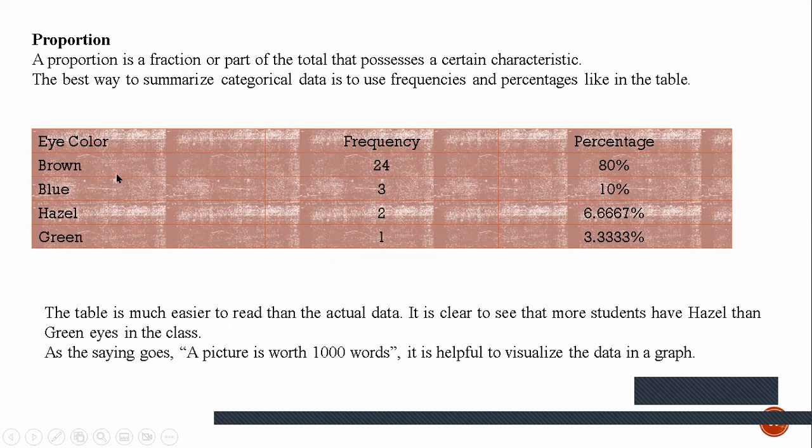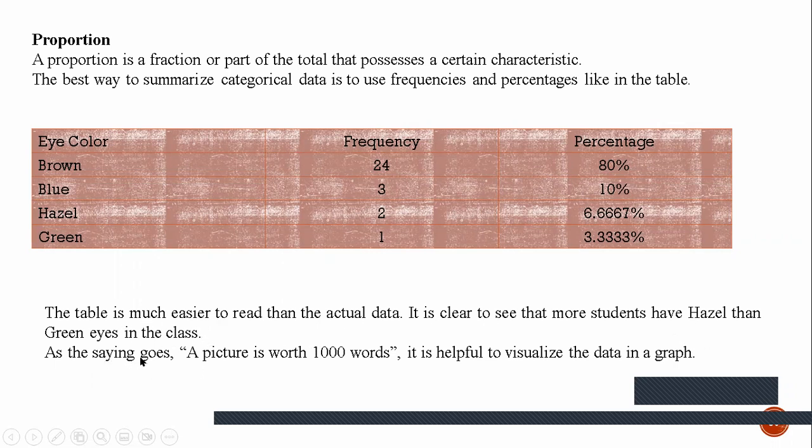Eye color: brown, blue, hazel, and green. So the frequencies of those and the percentages are here. That's it. The table is much easier to read than the actual data. It is clear to see that more students have hazel than green eyes in the class.